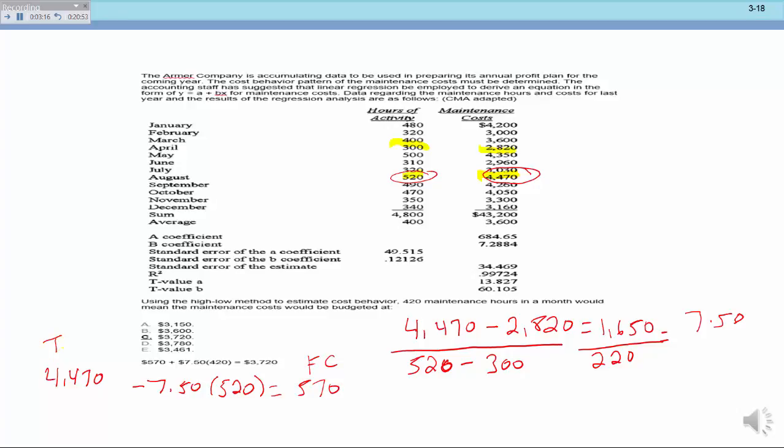570, then that must be the fixed cost, right? This is my total cost at that level of activity. This is my variable cost, 750 per unit times the number of units. The difference has got to be what? Fixed cost, right? Okay, and now the company would be ready.